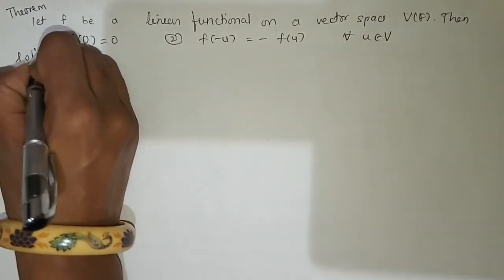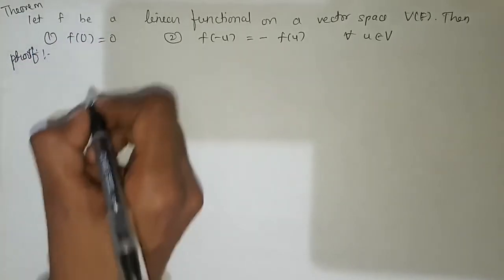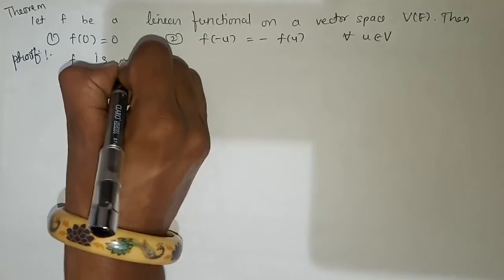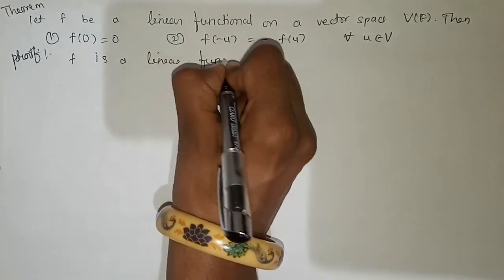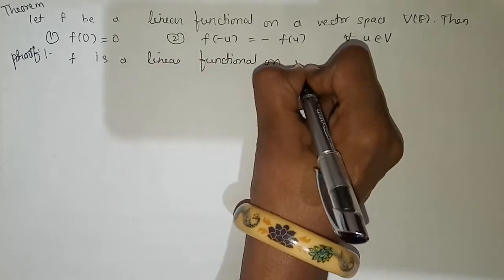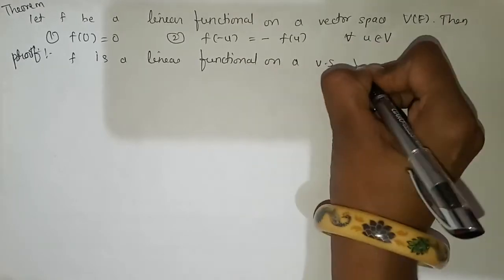Solution, or we can say proof. Here f is a linear functional on a vector space V over F.